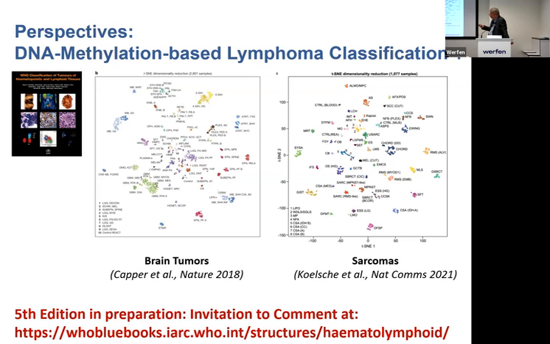In the new blue book of the WHO, this is already part of a classification in brain tumors. The sarcomas have been published recently. It works nicely. You can simply run an array, put it in their database, you get out the correct diagnosis, and if not, you ask your pathologist to look at it, and then you can discuss which is better.